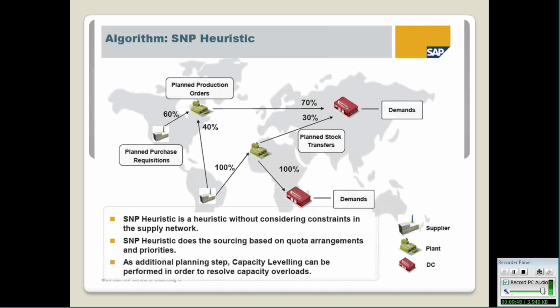After running the heuristic, we can go to the capacity leveling, and there we can see which buckets are overloading. For this we can trigger alerts also. So based on the alerts we can monitor which resources are overloading. For that resource, we can plan backward, forward, or backward and forward. We can do the capacity leveling manually again.